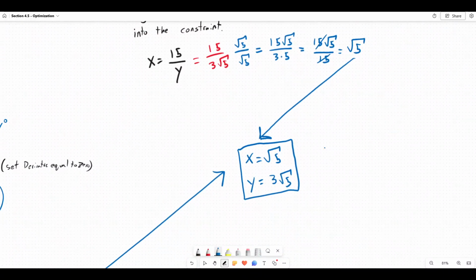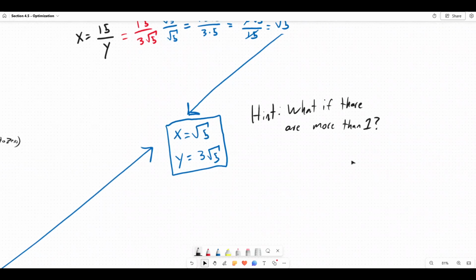Now, there might be multiples. What if there are more than one? Answer: check them all in the target. One of them is going to work, right? Sometimes you might get multiple answers.